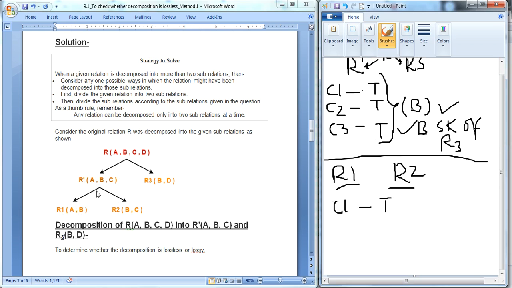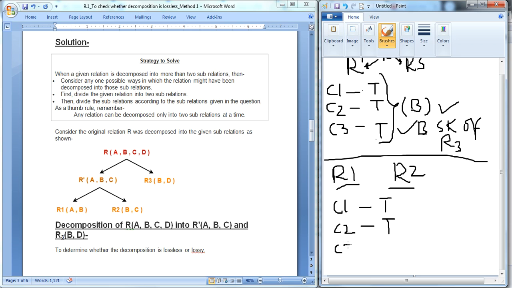Now we will go for condition 2. That is, the intersection of R1 and R2 is not null. If we intersect R1 and R2, it is not null because B is common. We can say that condition 2 is also true.